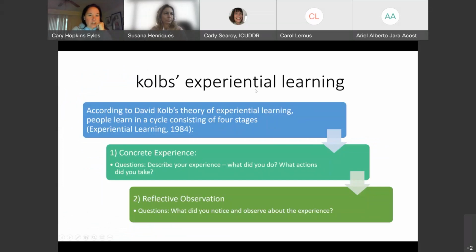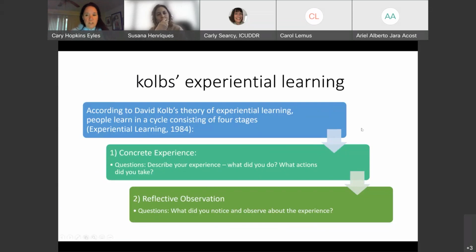So here's the cycle. We have concrete experience. Describe your experience. What actions did you take? For example, perhaps you went and taught a class or taught a training. What did you do? How did that go? Then you reflect on it. What did you notice about the experience? Well, people weren't very engaged, or people seemed to really enjoy it.